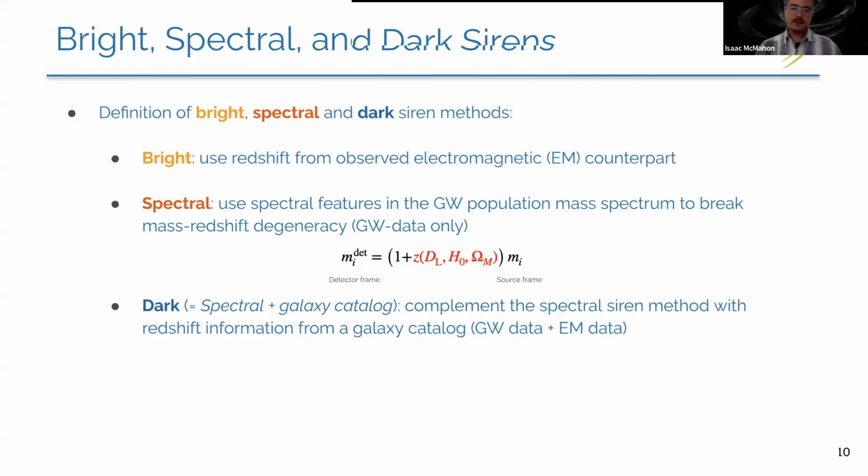These are a list of galaxies that include the positions of the galaxies and the redshift measurements. And so using a galaxy catalog, we can't do an exact one-to-one association with the gravitational wave event, but we can do a statistical measurement with all of the galaxies that are in the volume of our gravitational wave event, or where we expect it to be.